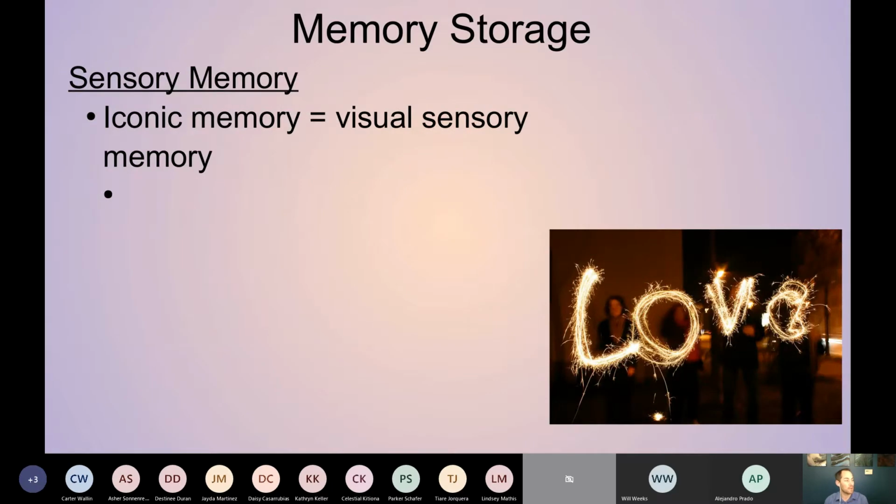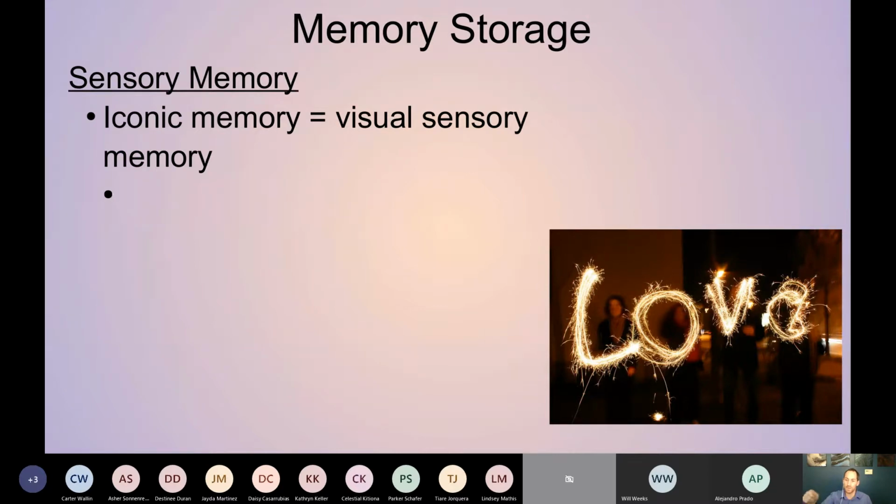So with that, iconic memory is visual sensory memory. So this is how we can see a word like love here spelled out in sparklers, or if you try to write it, draw a circle or write your name. It's because sensory memory is holding on to where that sparkler was before that you can then see that word.